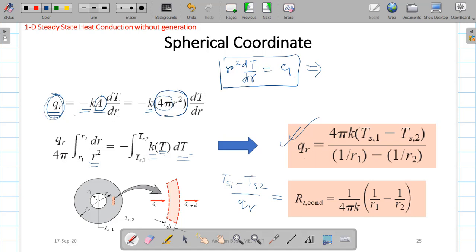From this expression of Q_r, it is clear that the thermal resistance in the radial direction for a spherical system is 1 by 4 pi K, times 1 by R1 minus 1 by R2. Remember, here R1 is the inner radius and R2 is the outer radius of the hollow sphere.